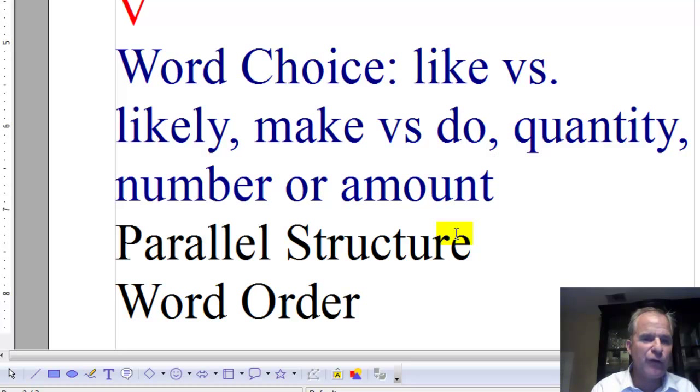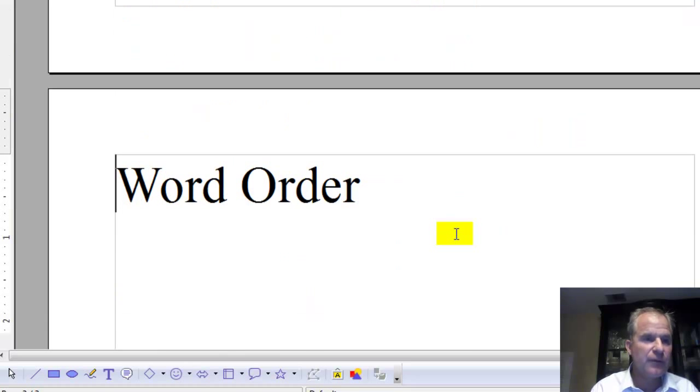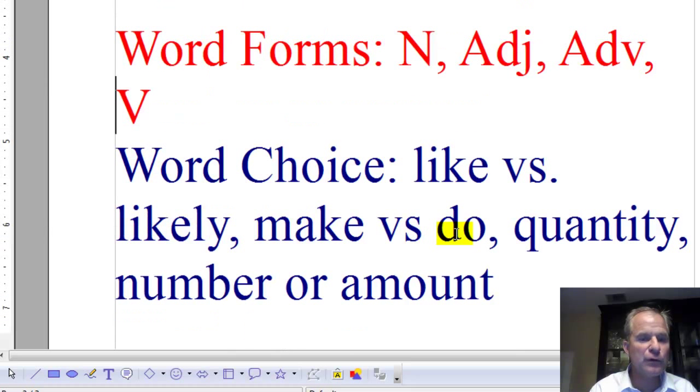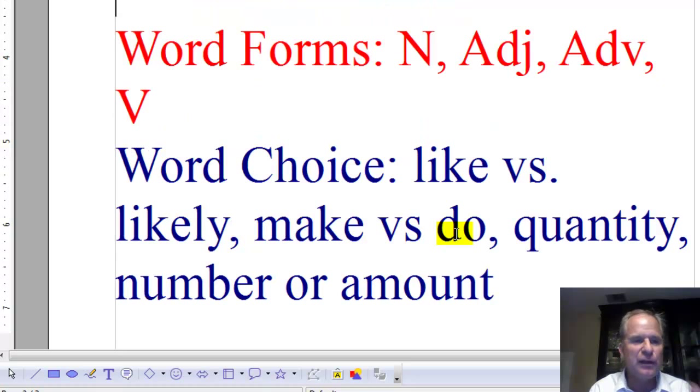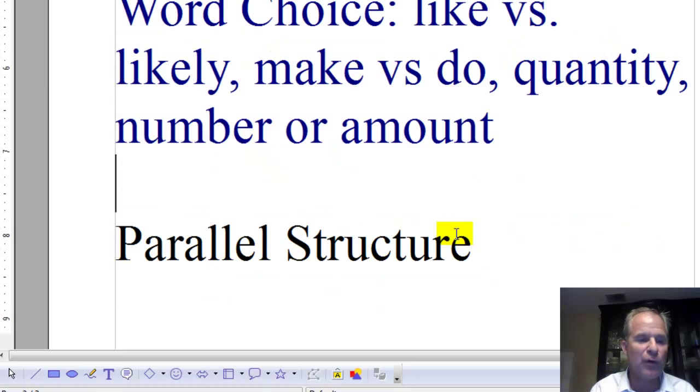These words are very tricky. So if you're guessing, and you see words like like or likely, or make or do, or quantity, number, amount, they're good guesses, pick them. Now, I'm only saying when you're guessing, think about words like this. These are very frequently occurring possibilities on the paper-based TOEFL.